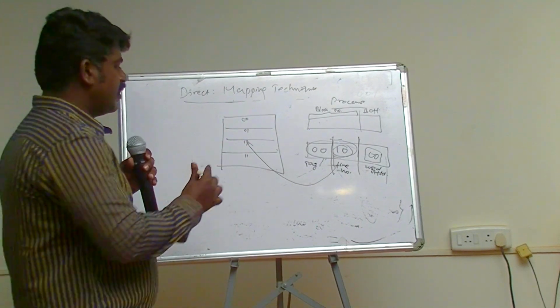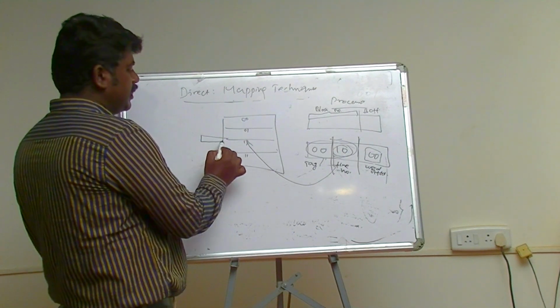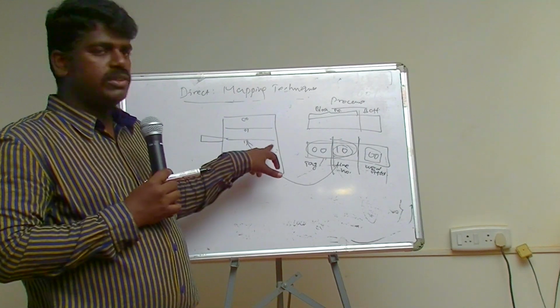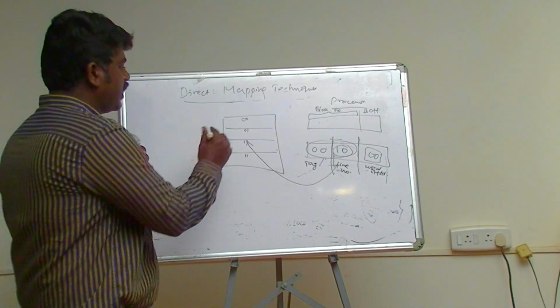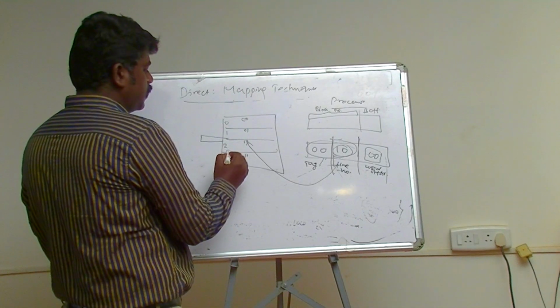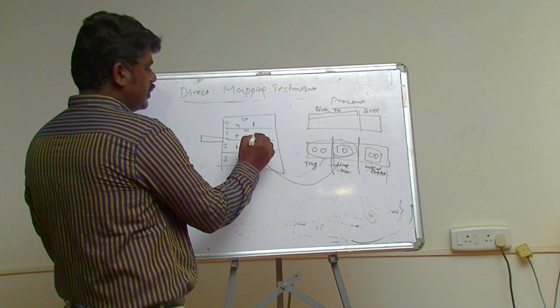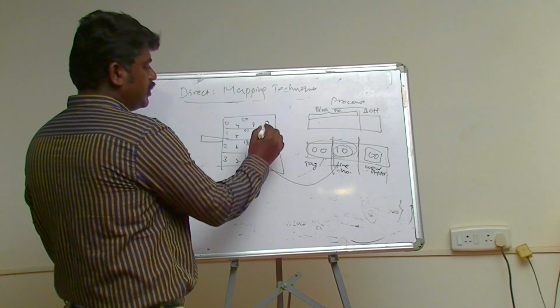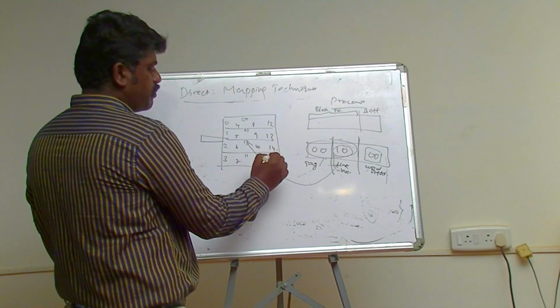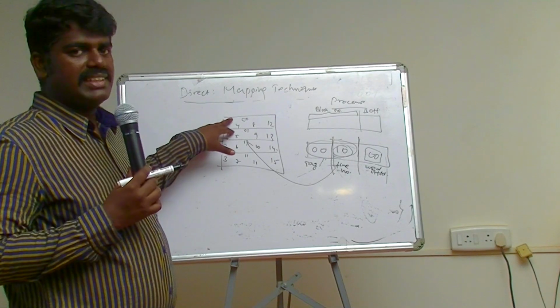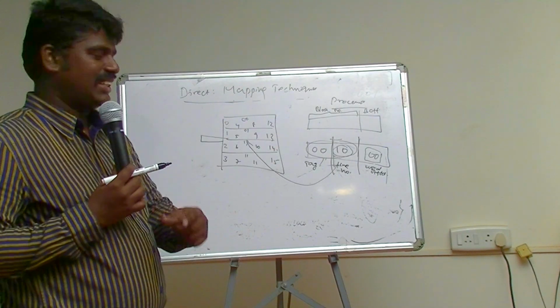The next thing we have is the tag. As I told you, you have 4 different words. For example, here it is 0 1 2 3 and then 4 5 6 7 8 9 10 11 12 13 14 15. As I told you, this particular cache line can hold 4 different blocks, right?